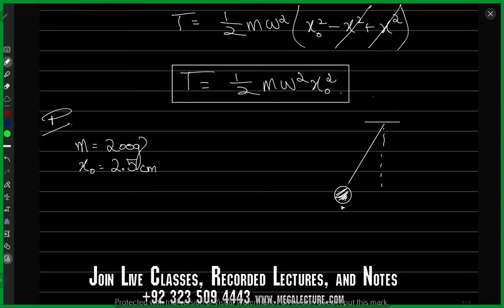So here I'm just telling you the wording of a question in your exam. The maximum height that the pendulum raises to is 2.5 centimeters, meaning the amplitude of the oscillation. Or let's take it as 5.2, since 2.5 is very small.